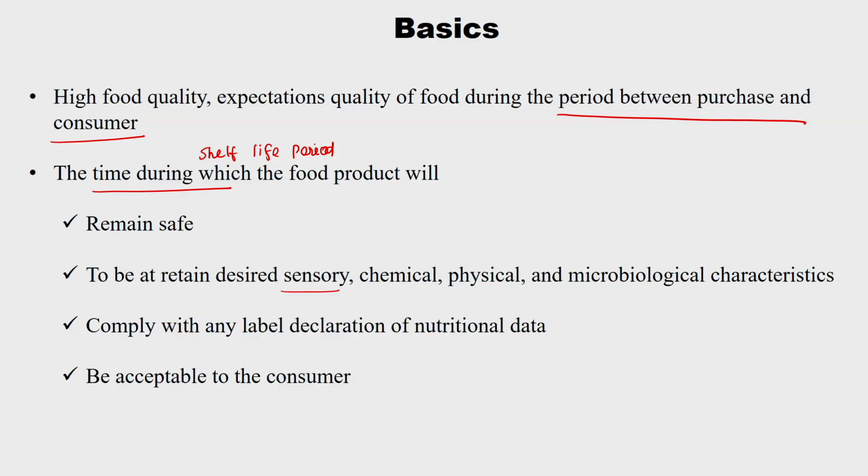And microbiological characteristics we have already seen, it should be at the proper microbial count. We already saw that we cannot have 100% killing of any bacteria or pathogenic microorganisms, but it should be within the acceptable microbiological characteristics.